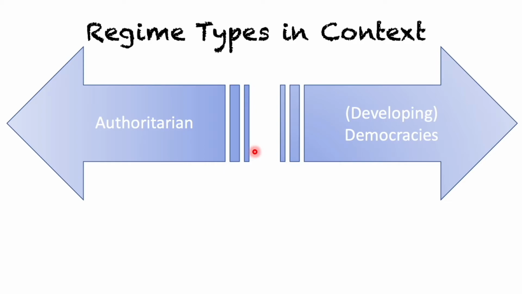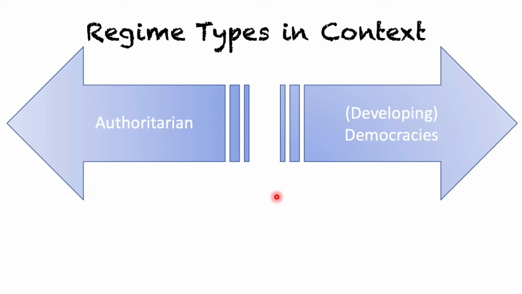Societies and politics are constantly in motion, so governments and even regimes can change. If a government maybe changes after 4 to 8 years, and then the people in that government implement policies that are either more democratic or more authoritarian, we may see a shift in one direction or the other.